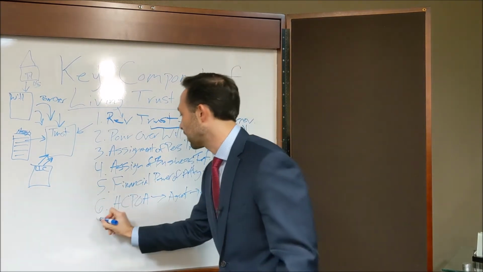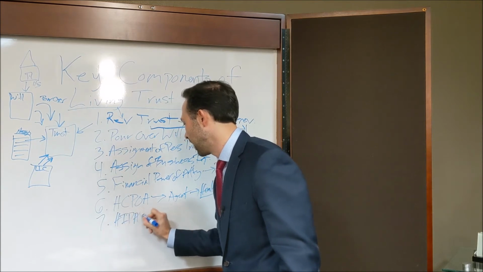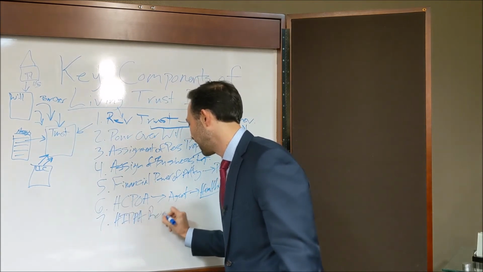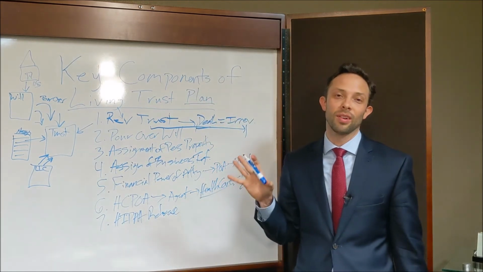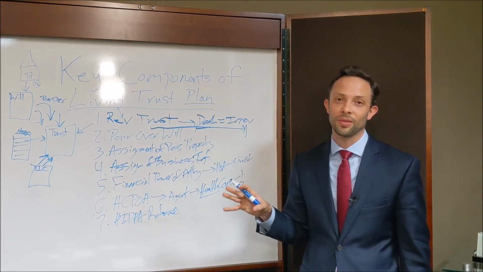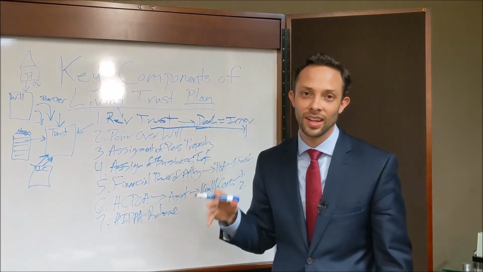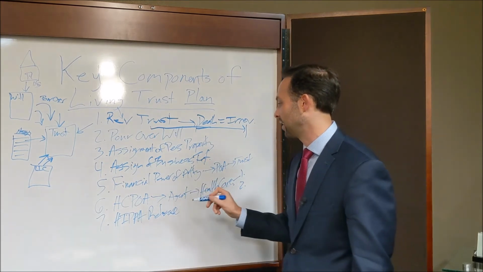Next, I like to pair this with an independent HIPAA release. Many of you know HIPAA is the federal law that governs the release of medical records, and without a HIPAA release, your medical providers will not release any information to anyone other than you. This is a problem if you're incapacitated.